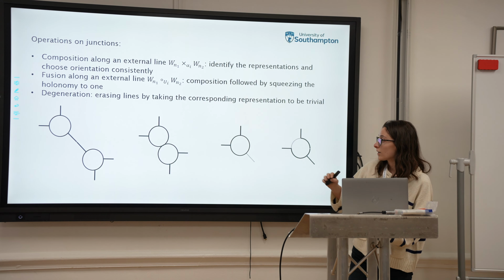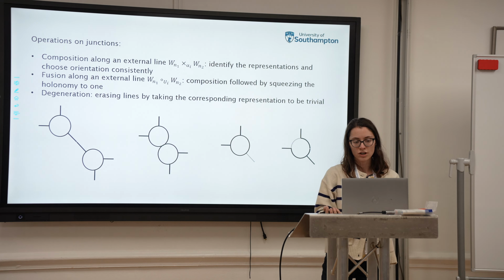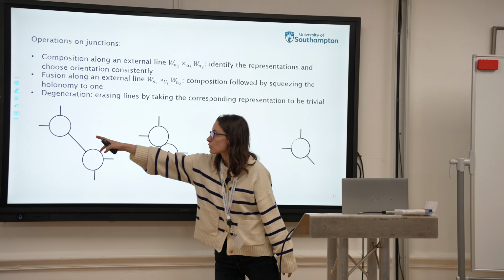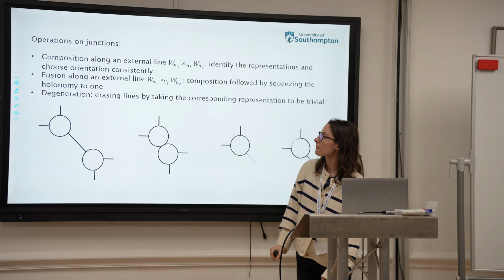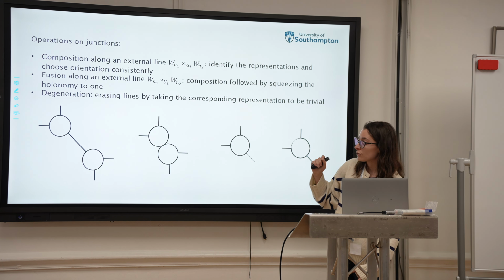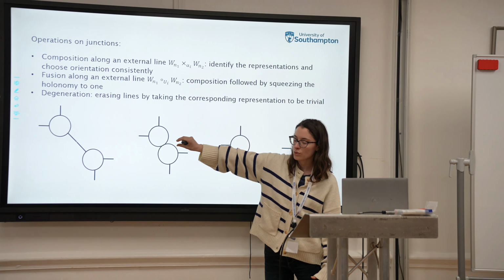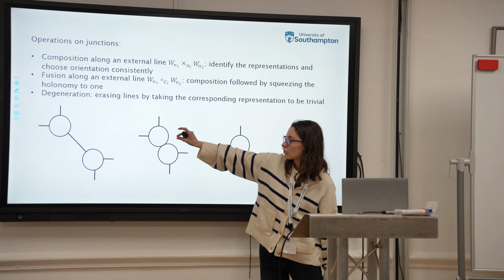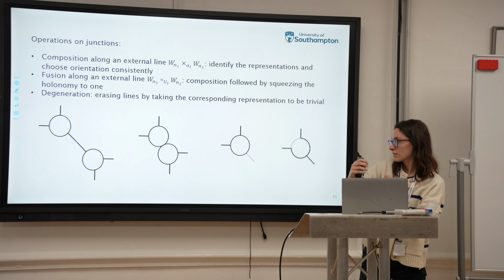So now that we have our building blocks, we define a set of operations on these building blocks. We can consider composition. This is a composition between two three-line junctions. You just have to choose a consistent orientation on this line and identify the representation. Then we can consider fusion. Fusion is just composition followed by squeezing the internal line to 1 until the two junctions kiss.